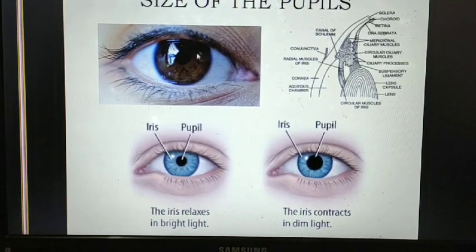This is the normal size of the pupil. The size of the pupil is controlled by the ANS, the autonomic nervous system. Sympathetic stimulation dilates, whereas parasympathetic stimulation constricts the pupils.